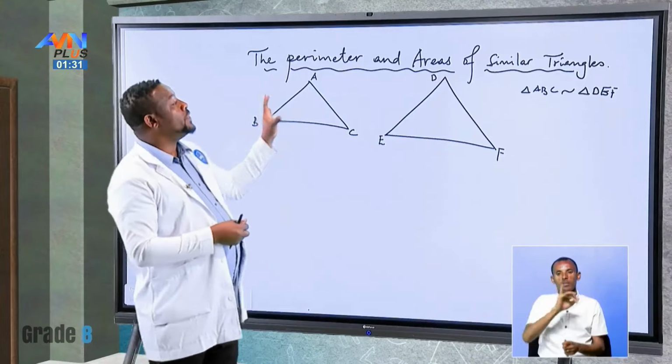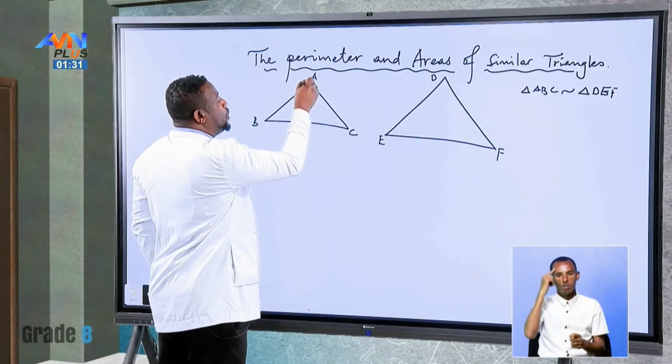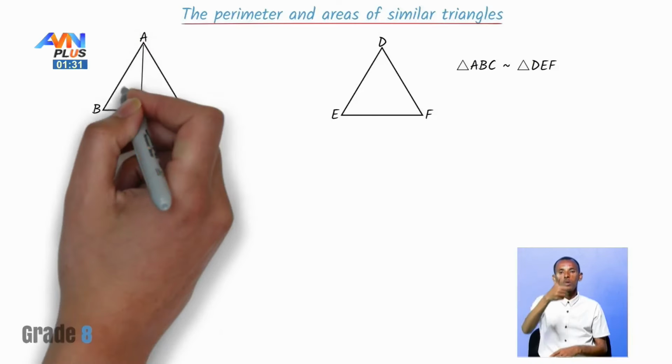So if we have these two similar triangles, suppose we have an altitude drawn from A to some point, say D here, okay?